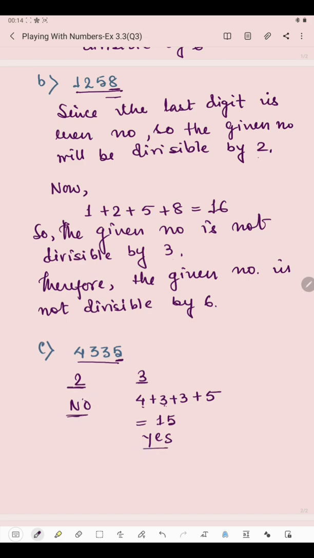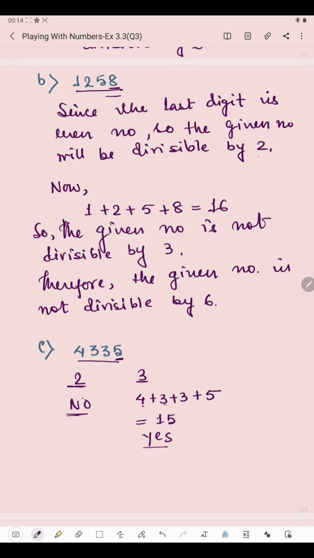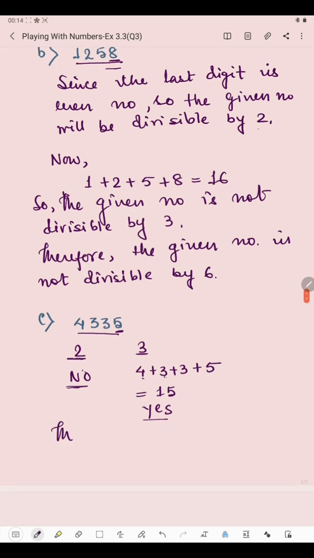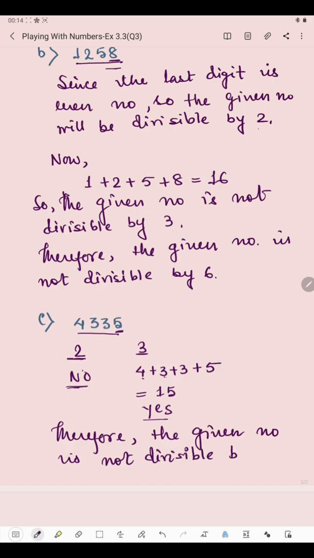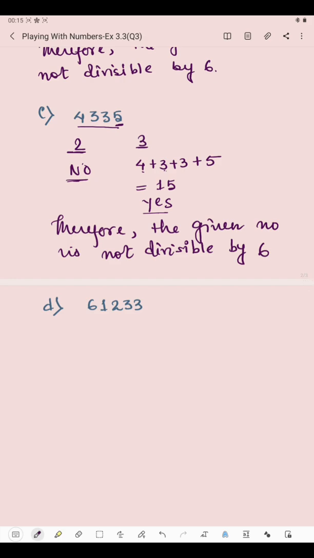Here it is not divisible by 2, but it is divisible by 3. So therefore the given number is not divisible by 6.